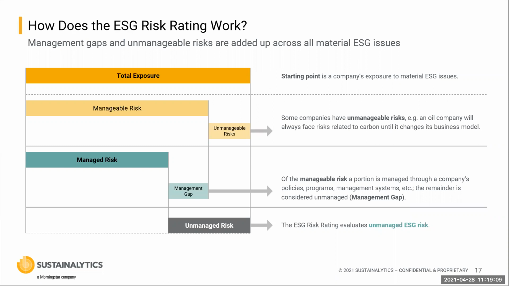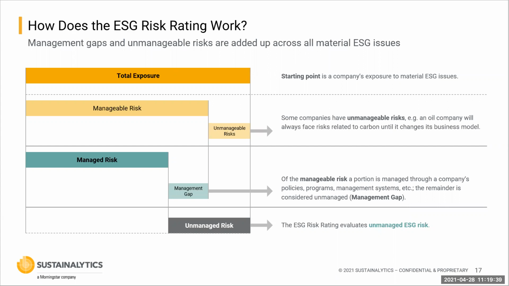Again, highlighting that the issues that a mining company is going to have is going to be different to the issues that a tech company or a bank will have. So we're assessing company-specific exposure. Once we've defined the exposure score, we proceed to assess management. And here I'm going to talk a little bit about what we call manageable risk factor.